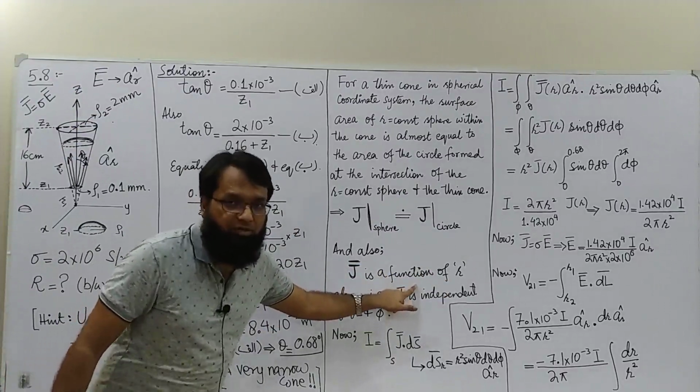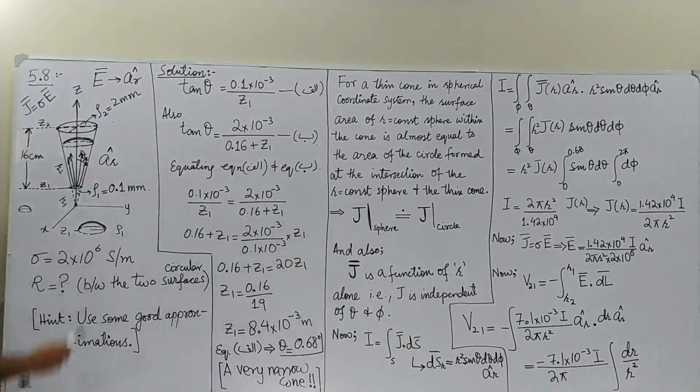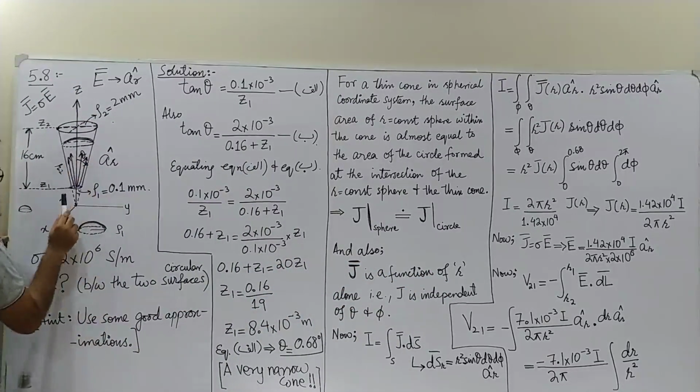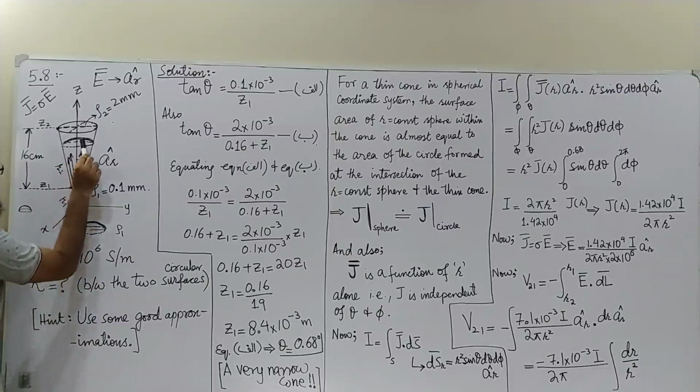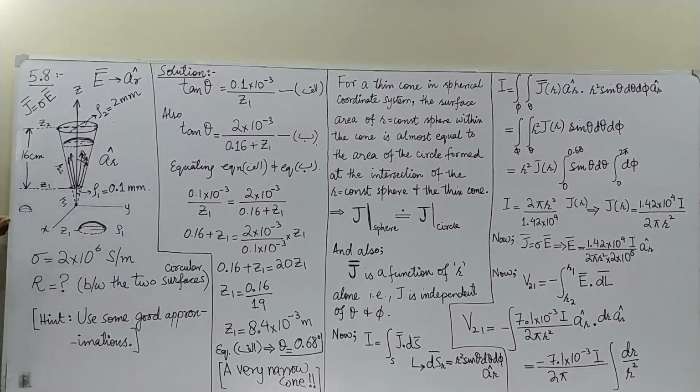J is not a function of theta and phi. It is not depending on whether you are here on the circle or here on the circle or somewhere within that circle, on the same plane.